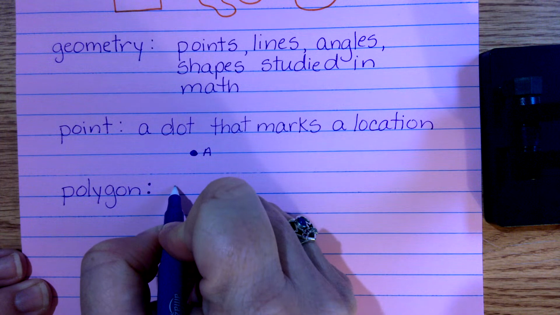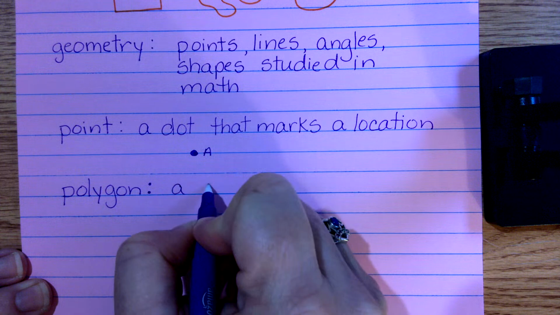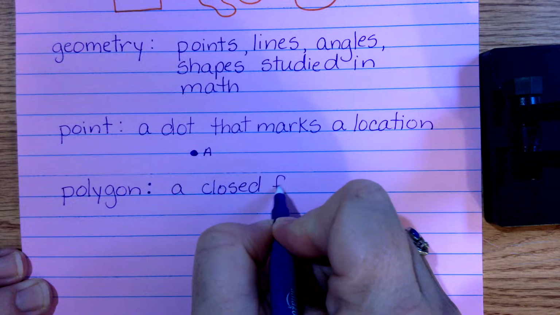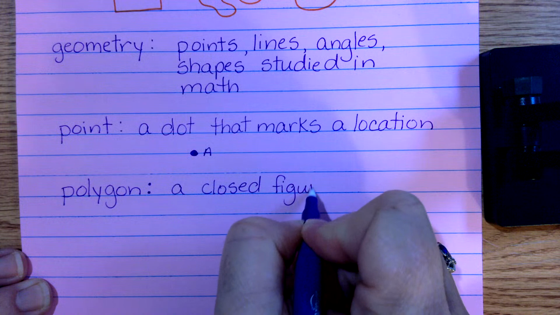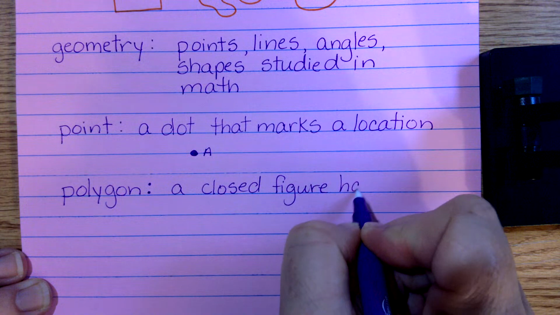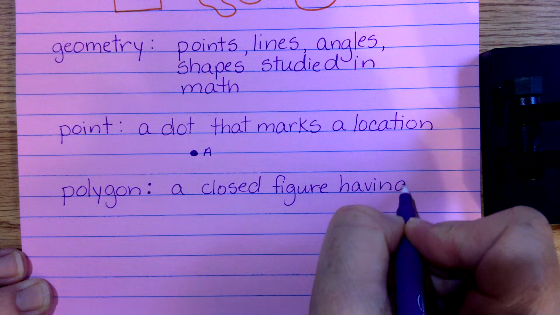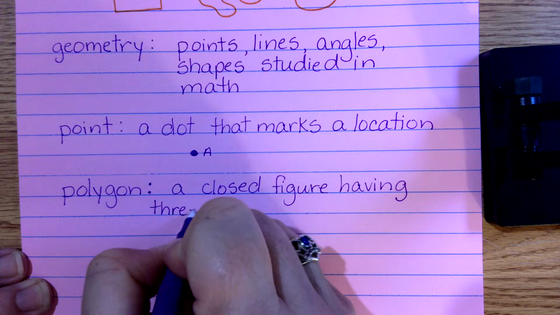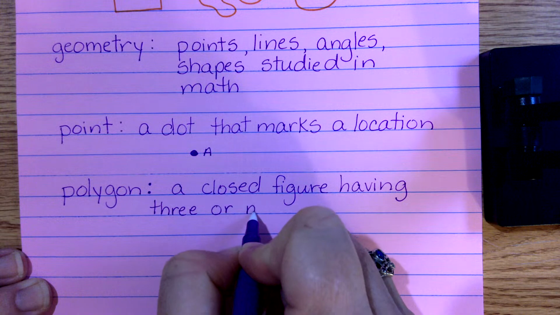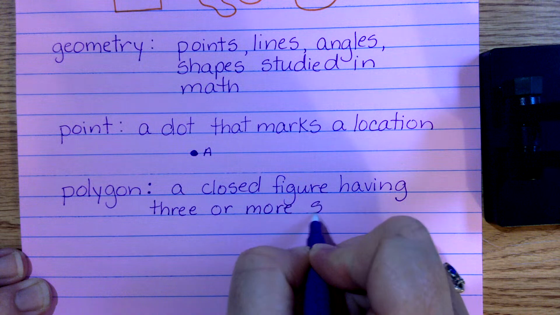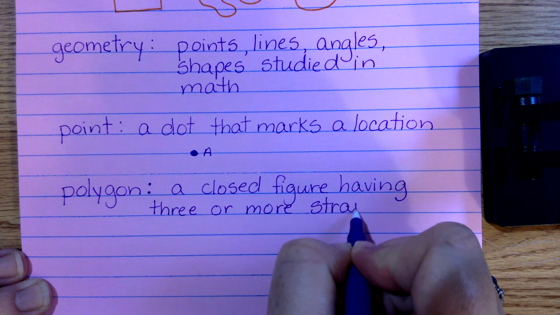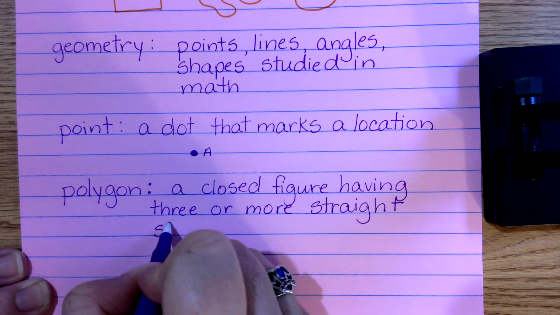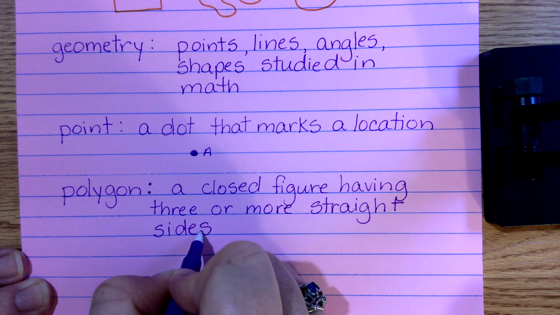A polygon is a closed figure having 3 or more straight sides. It's important that the sides are straight.